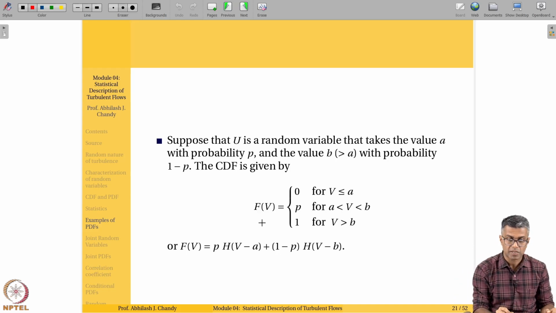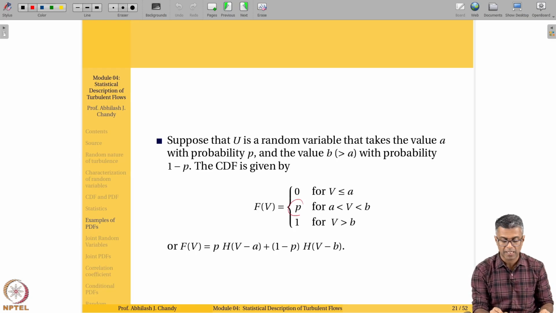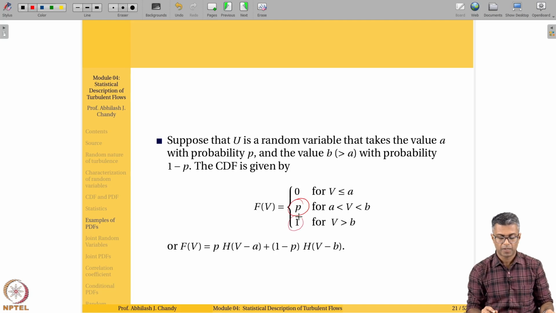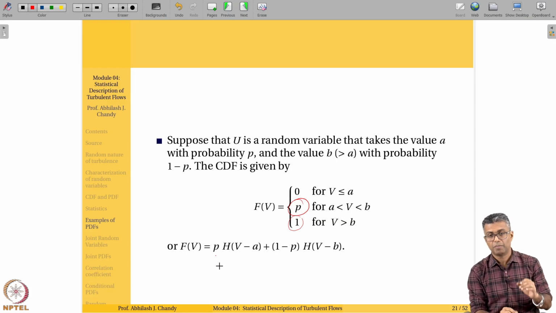So we represent the CDF like this: F of v is equal to 0 because you cannot take any value less than or equal to a. And for between a and b, it has a probability of p, and for greater than b, it has 1. So to write the CDF as a single equation, we use the Heaviside function, because as you can see, it's a discrete probability.